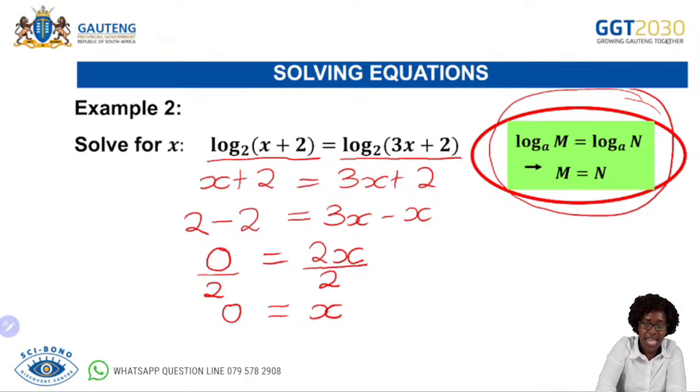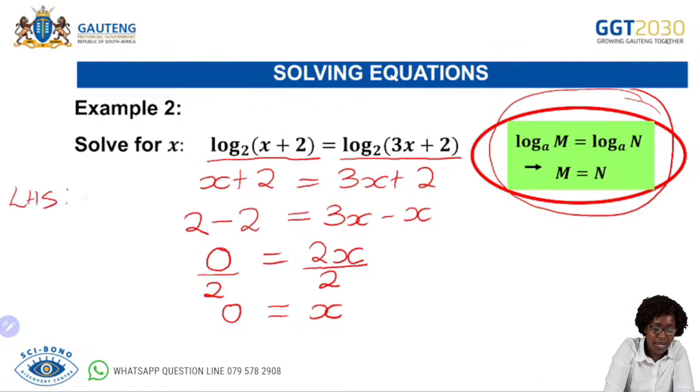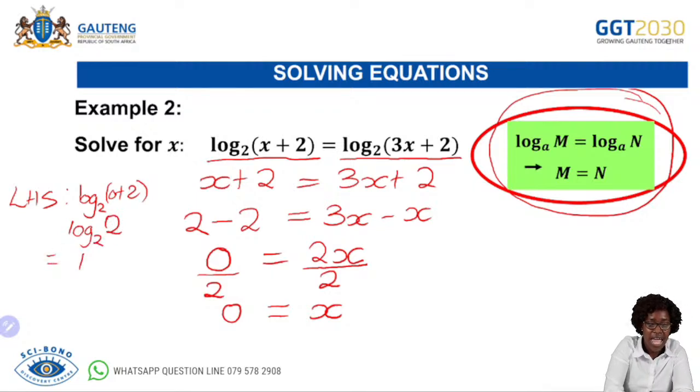So I'm saying there, on the left-hand side, when we are checking, log of 0 plus 2 to base 2 becomes log of 2 to base 2, and our solution is 1. Then when we check on the right-hand side, we have log to base 2.